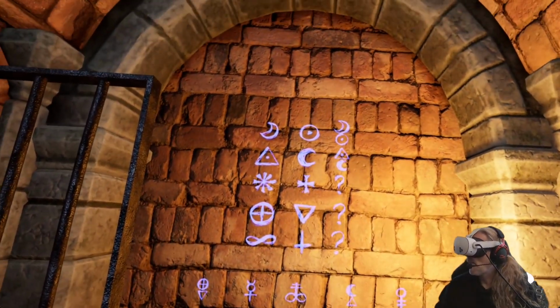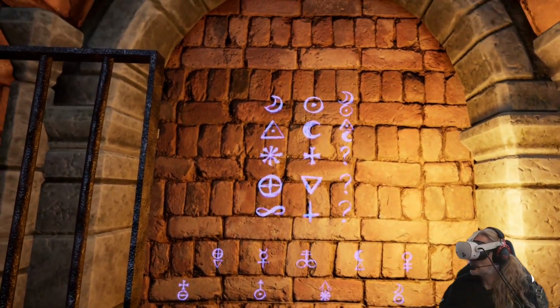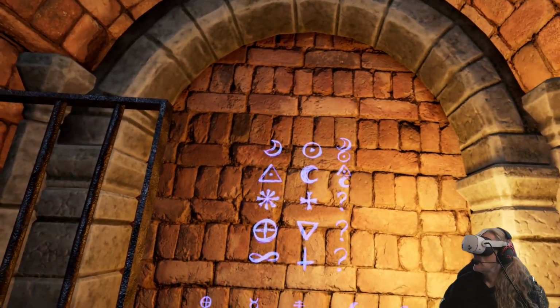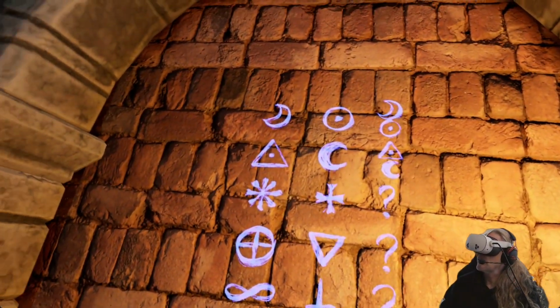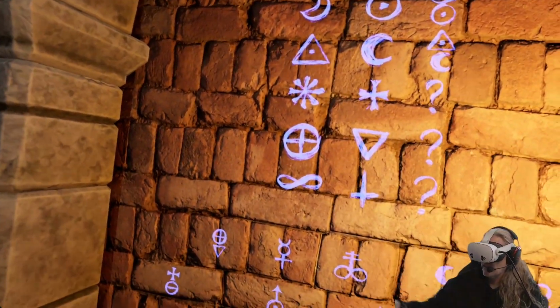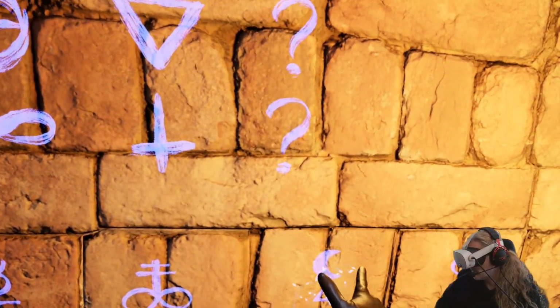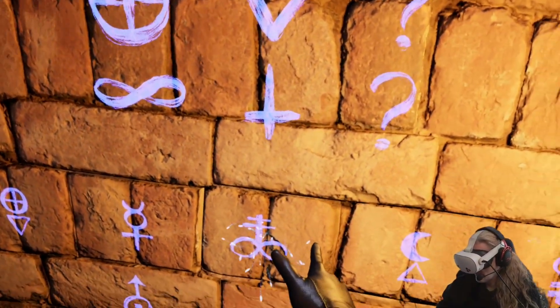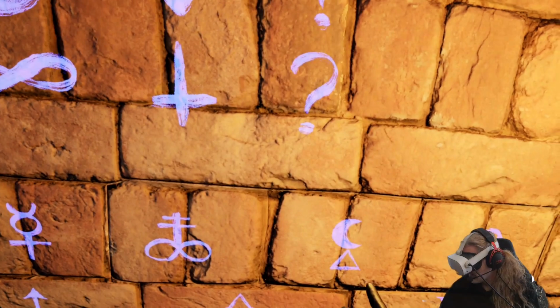This is the first actual puzzle. Basically, the way this works is up here is the clue, and here's a bunch of bricks on the wall that you can poke. You just stick your hand right in there and poke them.